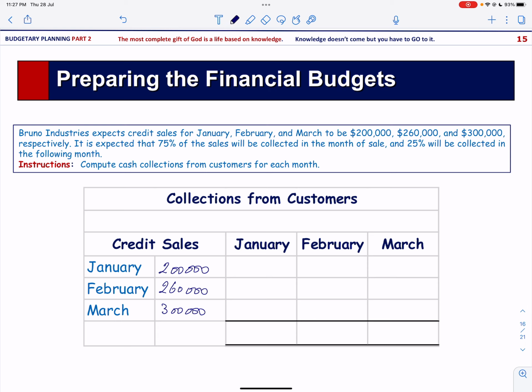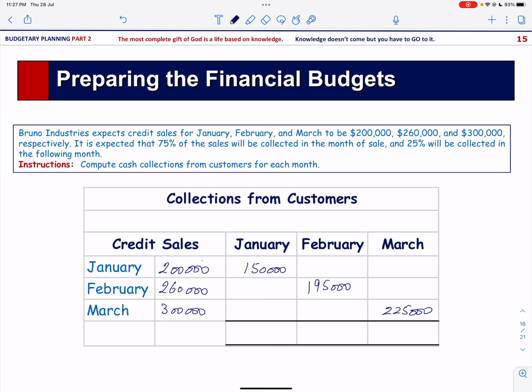So the January sales, we are going to collect 75%, so 75% will be 150,000. For February sales, the 75% will be 195,000, and for March sales, 75% will be 225,000.